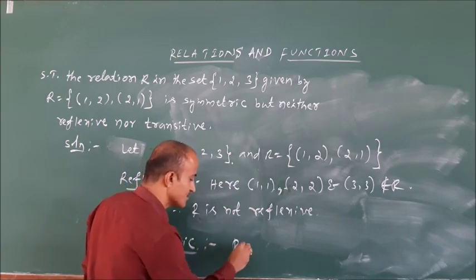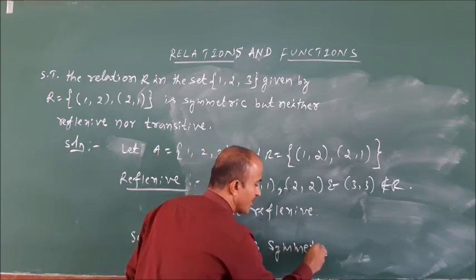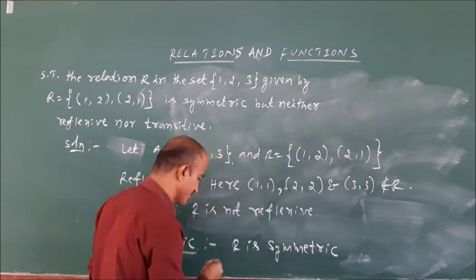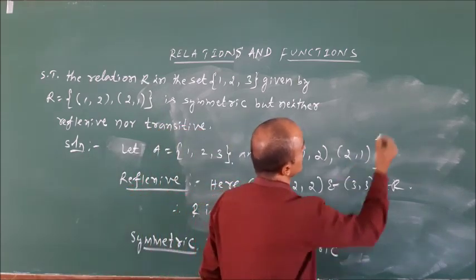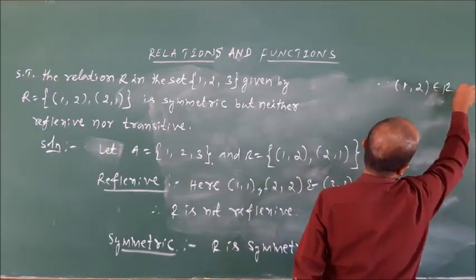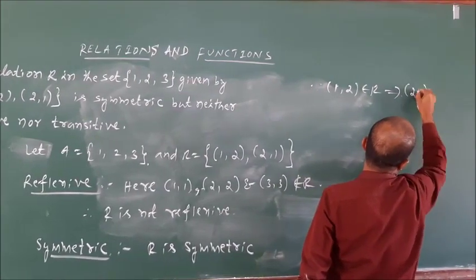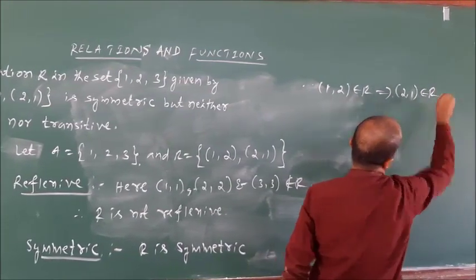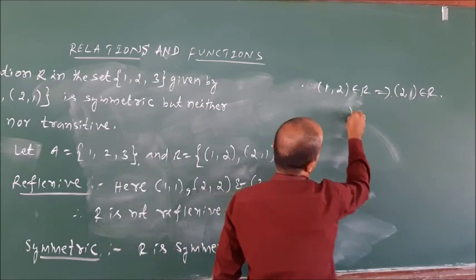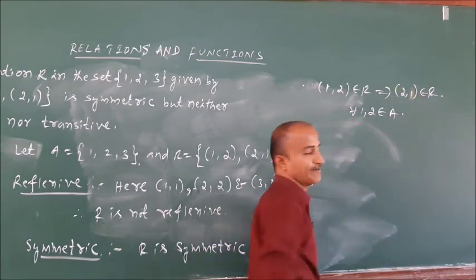R is symmetric because (1, 2) belongs to R implies (2, 1) belongs to R.